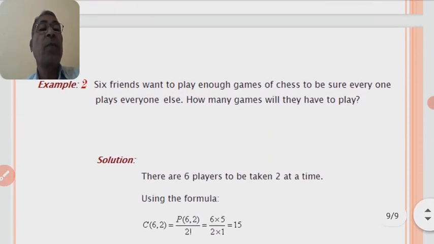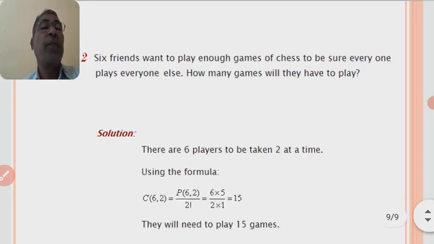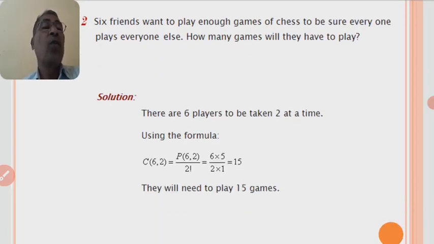The second example: 6 friends want to play enough games of chess to be sure everyone plays everyone else. How many games will they have to play? There are 6 players to be taken 2 at a time.